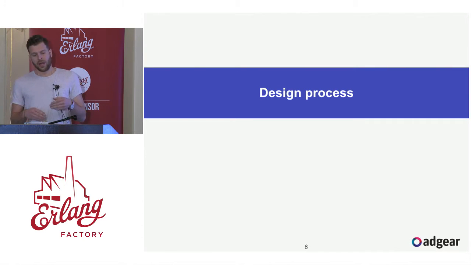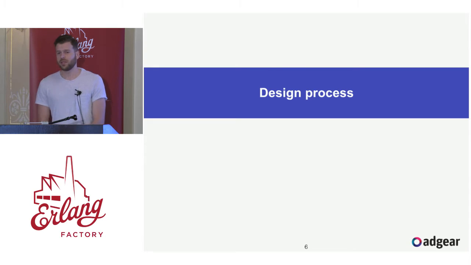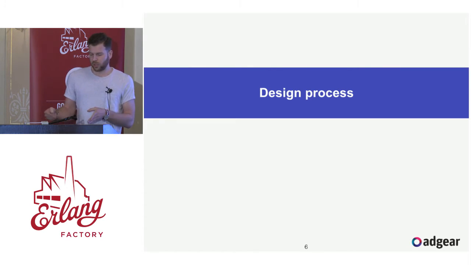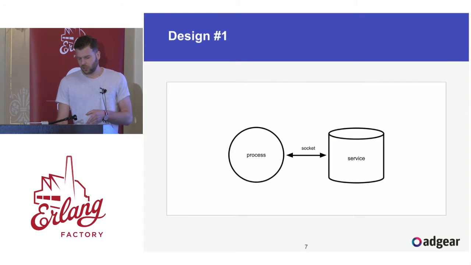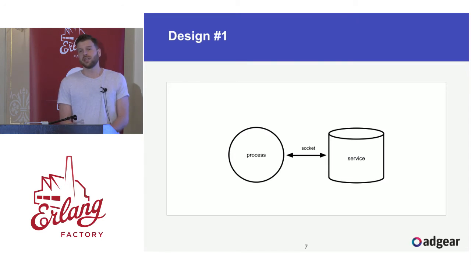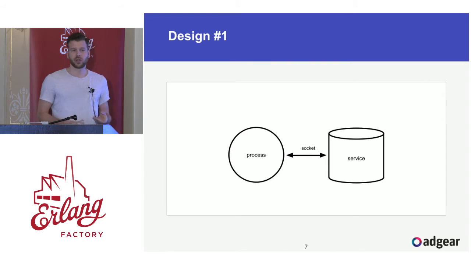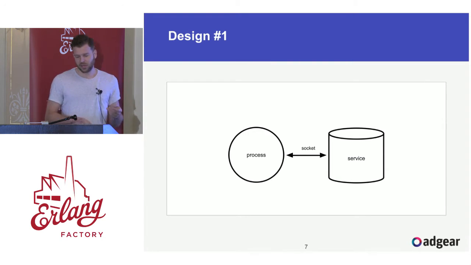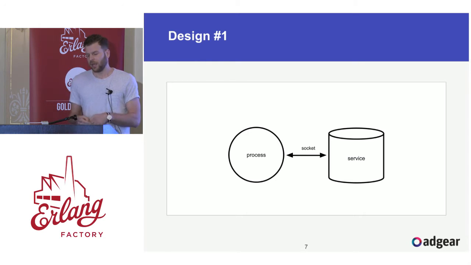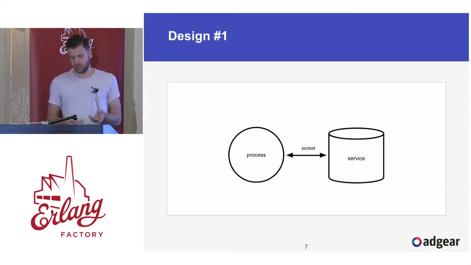So I'm going to go through the design process, starting from the most naive implementation to the current implementation. The most basic thing you could do is, in your process, when you want to call a service, open a socket, send your request, receive, and then close the socket, and that's it. That works.